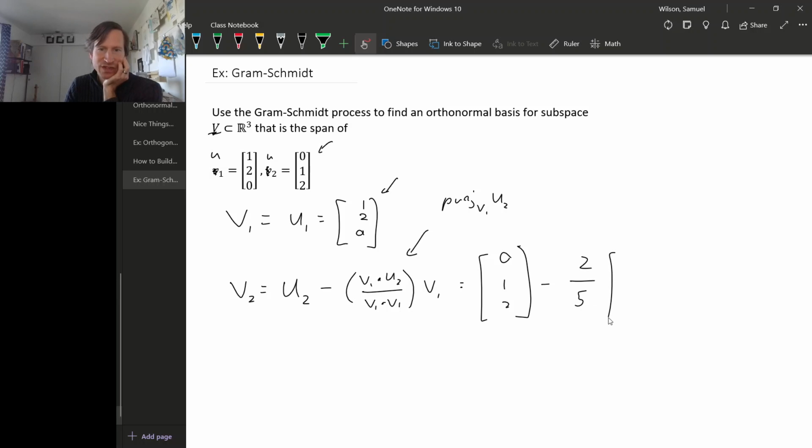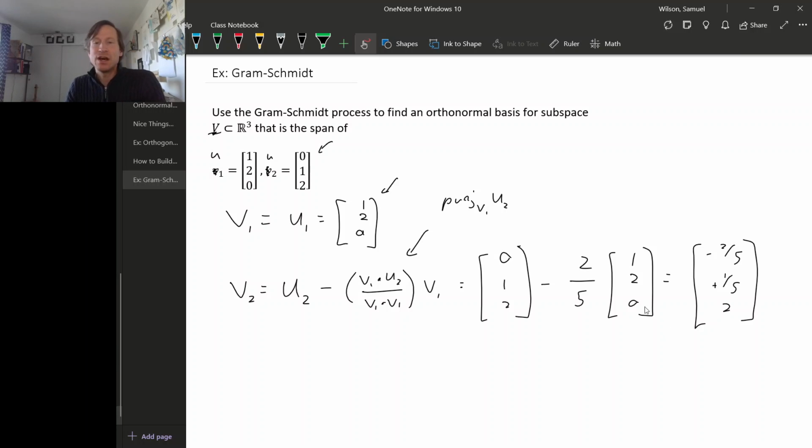Times v1, which is 1, 2, 0. So we're going to get minus 2/5, and then 1 minus 4/5, so plus 1/5, and then 2 minus 0, so just 2.